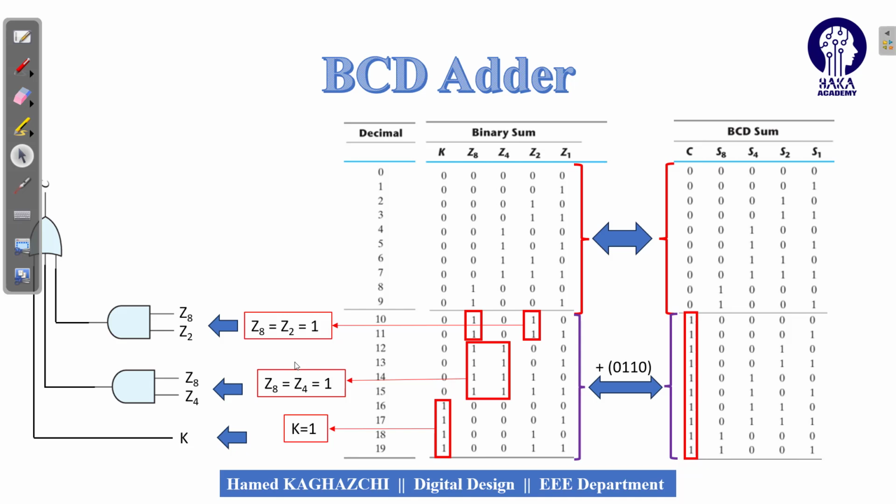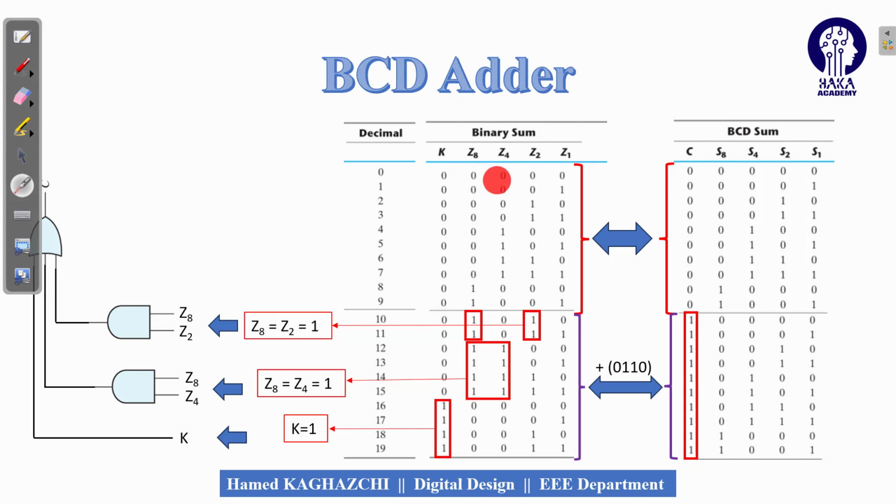After producing the C, we will not have any problem, because using this circuit that you can see here, when C is equal to 1, it means that we have to add 6. When C is equal to 0, we don't need to add 6 and the input goes directly to the output.